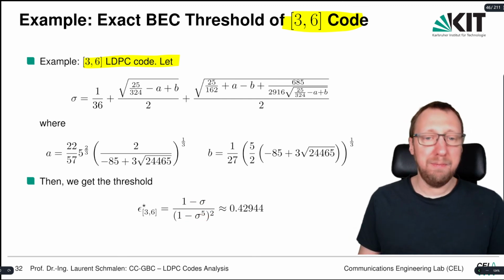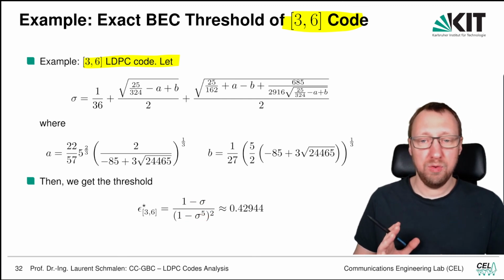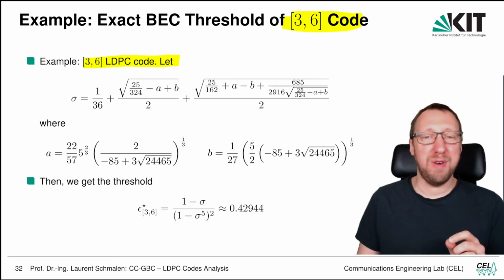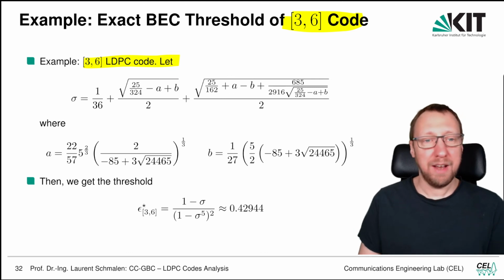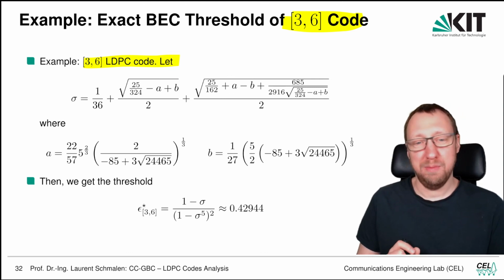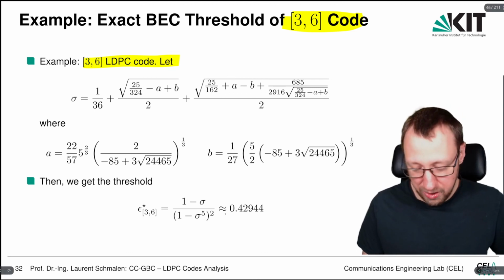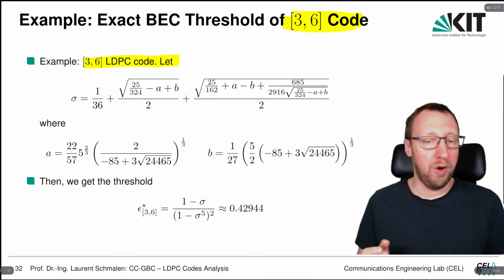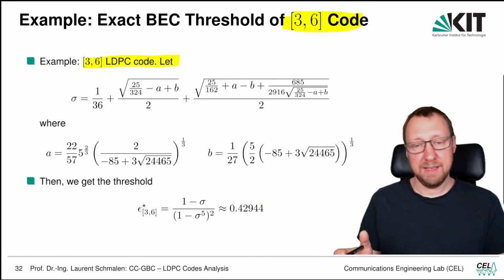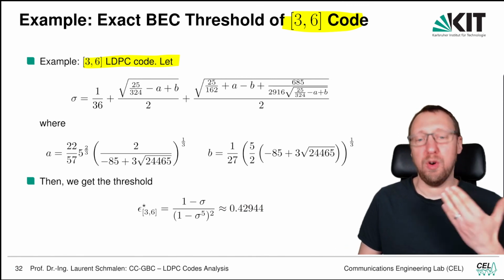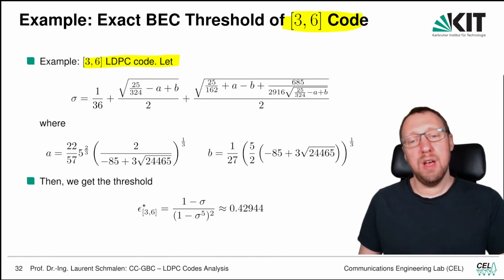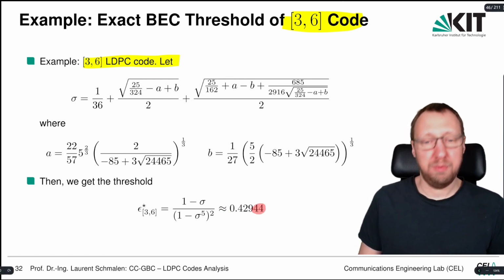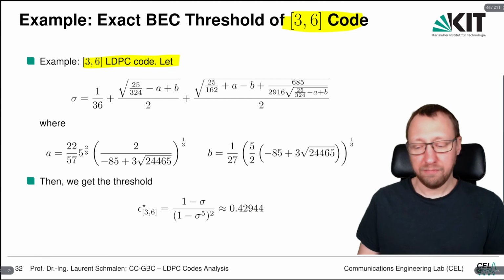So in principle, we have an analytical closed form solution. But before you type this into a program to get the result, it's actually easier to write the program to do it numerically. And you'll find that this is equal to 0.42944. So this is what we saw. For 0.4292, we converge. For 0.4295, we don't converge, and that's because the threshold is 0.4294.